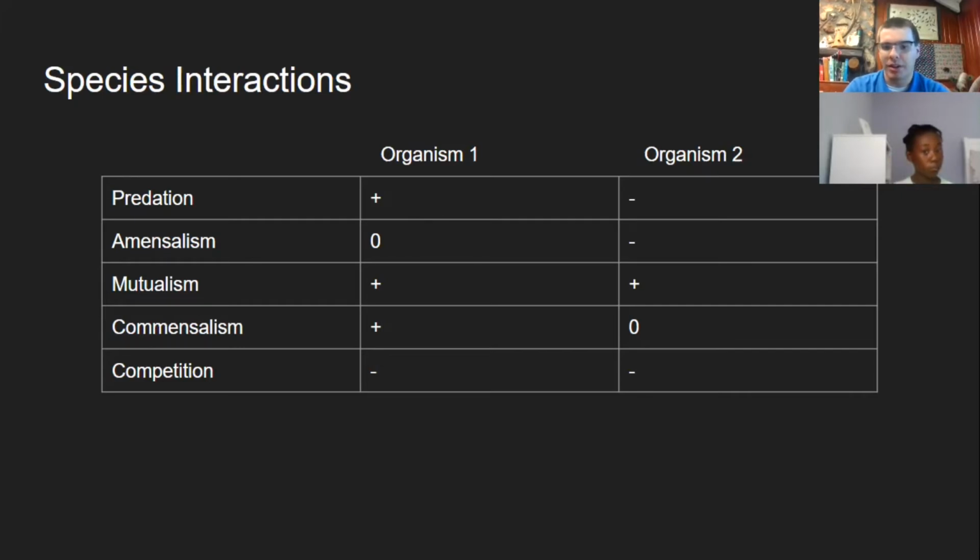Amensalism is whenever one organism antagonizes another organism. The first organism doesn't necessarily gain anything by doing it, but it hurts the other organism. This one's not very common, but you see it in things like viruses.